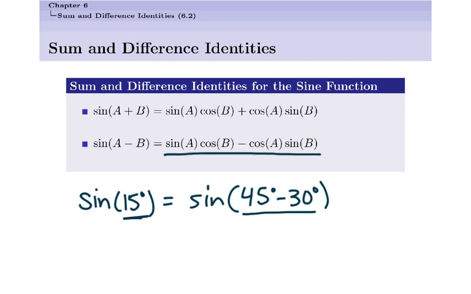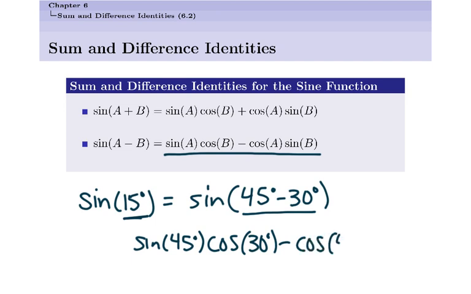So you could write it as sine of 45 times cosine of 30 minus cosine of 45 times sine of 30. And then you would just evaluate. Figure out what each of these equal, multiply these together, and then take the difference. For this example, your A would be 45 degrees and your B would be 30.